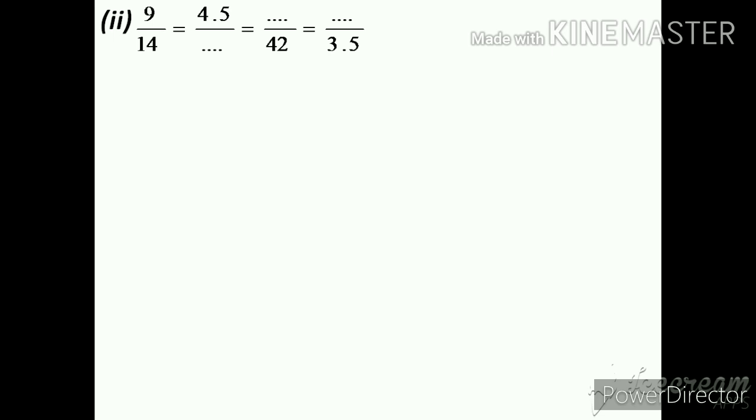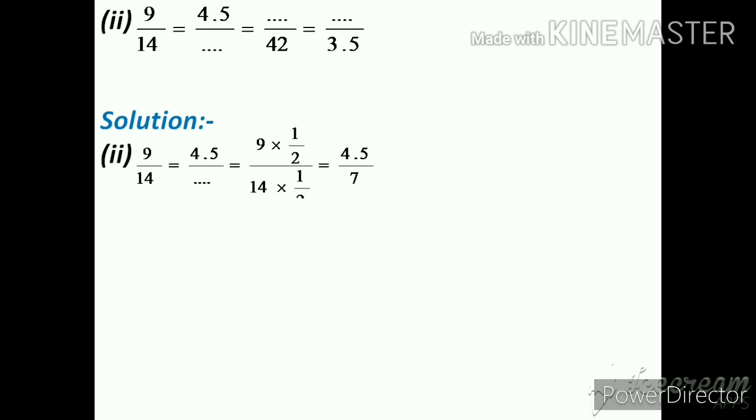We have to find them. Solution. 9 upon 14 equals 4.5 upon dash. The second term is not given, but the first term is there. Half of 9 is what, children? 4.5. Yes. So half of 14 is what? 7. So write down 4.5 upon 7.